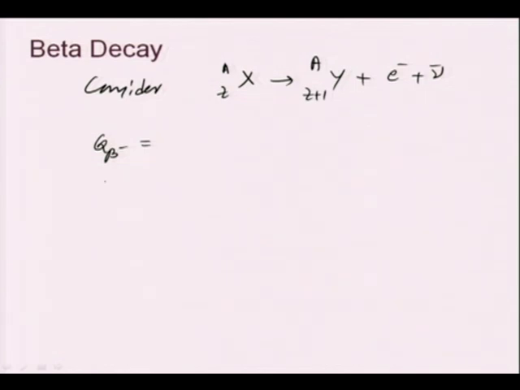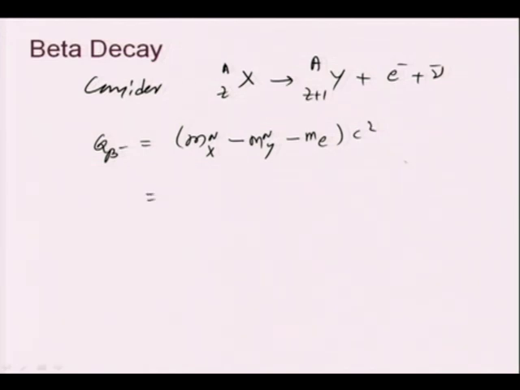Let me denote the Q factor as Q beta minus. So, it is m x minus m y minus m e, times c square. These are nuclear masses. So, let me denote these by nuclear masses m x n and m y n.